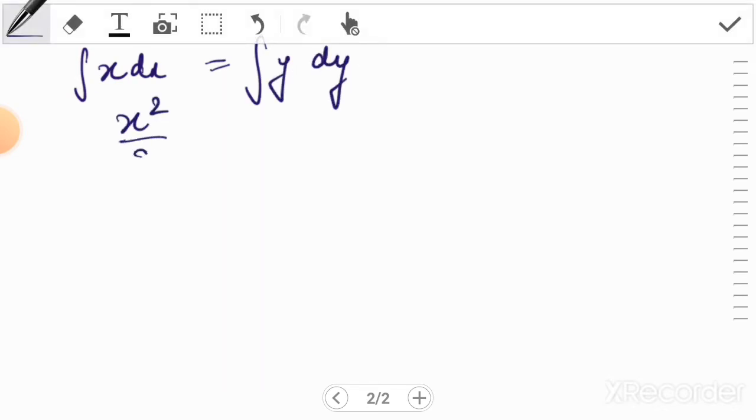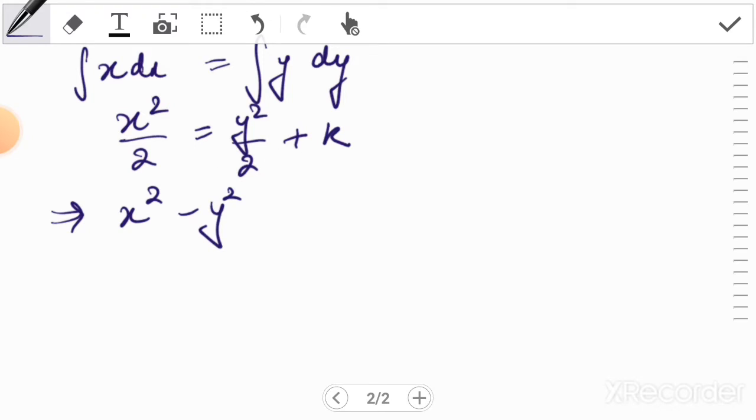This is x square by 2 is equal to y square by 2 plus some constant c dash. Say the constant is k, and then x square minus y square is equal to 2k. That is some another constant k dash. So this is the orthogonal trajectory of the given family of curves.